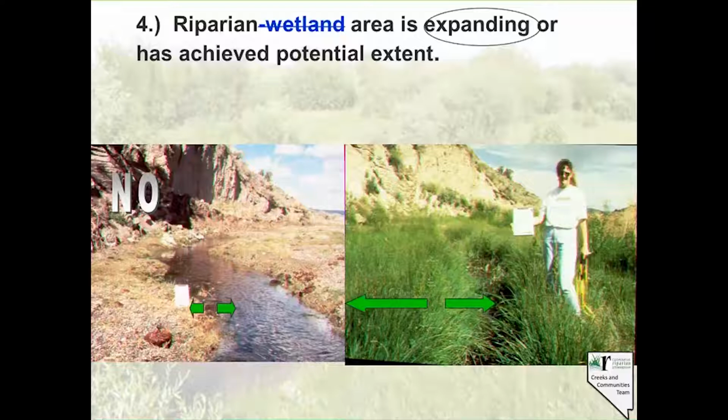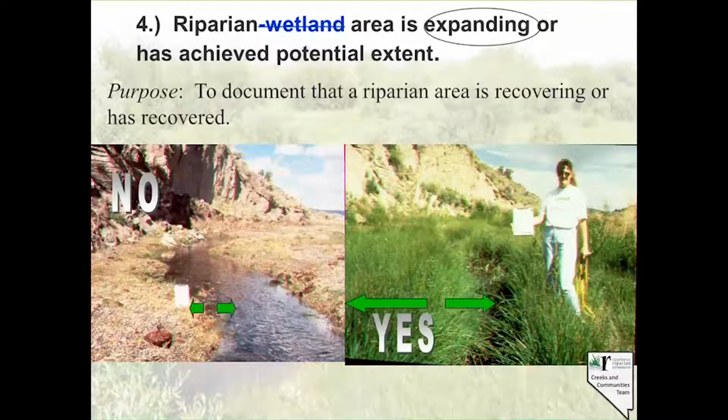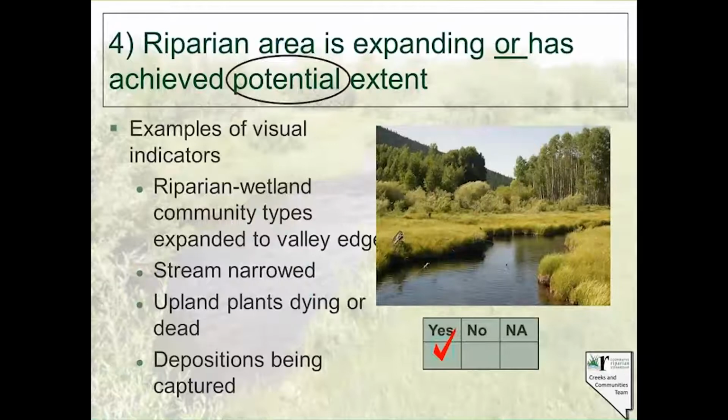Here's an example where we'd circle that it's at potential. This channel is at the shape and the form and the position that it needs to be at for stability. We've got riparian vegetation right up to the water's edge. We don't expect that channel to be any narrower than it is. It's already a fairly narrow and deep channel based on the landscape and setting.